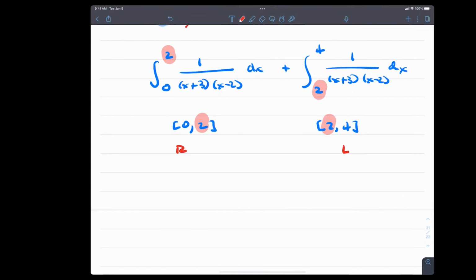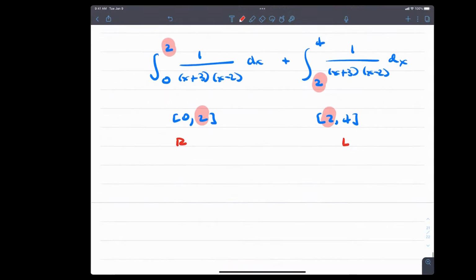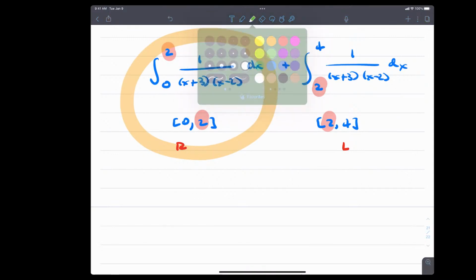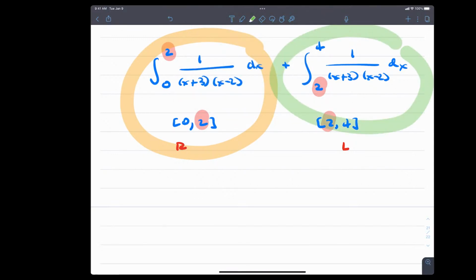This is a left. All right, right, left. So then now you go, oh my God, there's going to be two integrals to do. So let's try to do the first one. And this, right, we got two of them to do now.